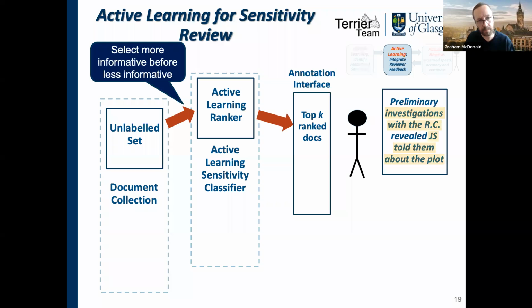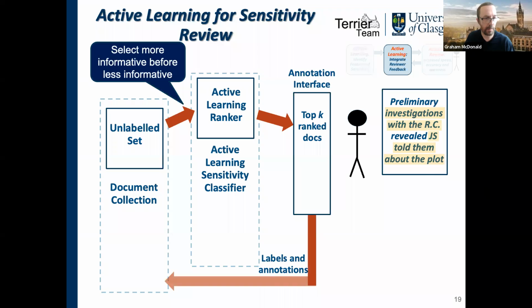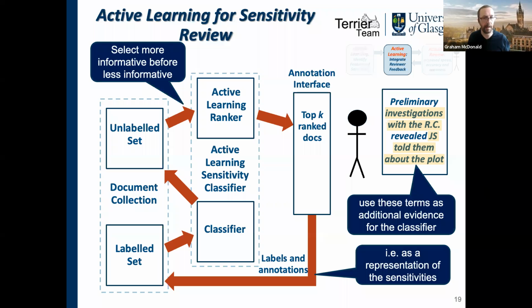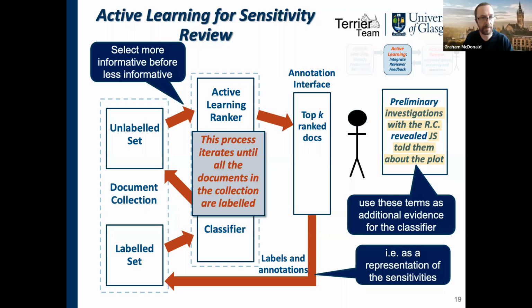We have the reviewer annotate the documents as to what the sensitivities are. We can feed these labels back into the document collection. It means we're starting to build up a labeled set, which we can then use to train the classifier, which in turn provides more information to the active learning part of the classifier, so that we can start to learn to identify the sensitivities quickly.